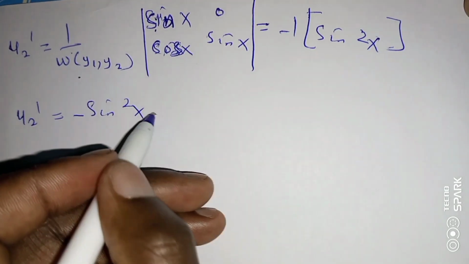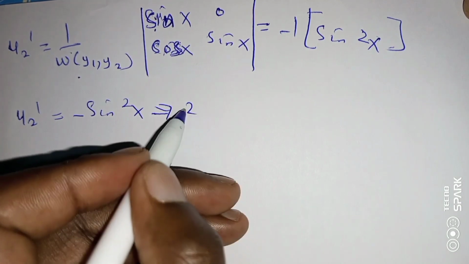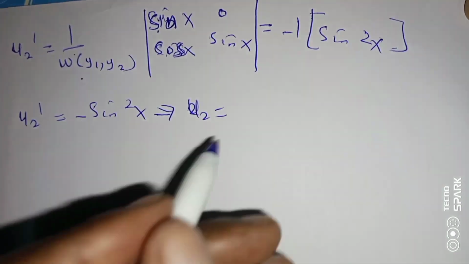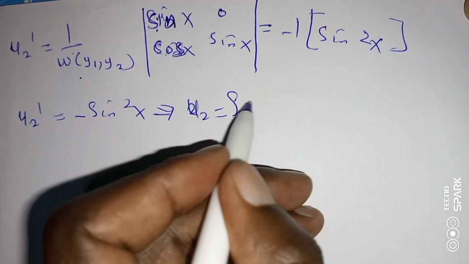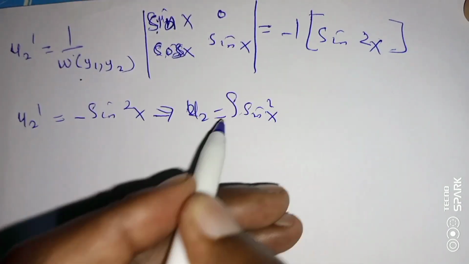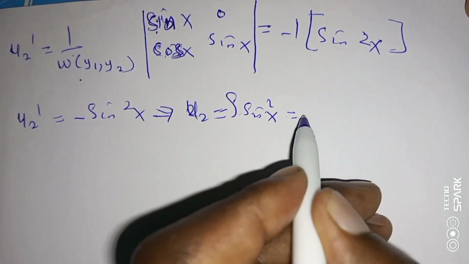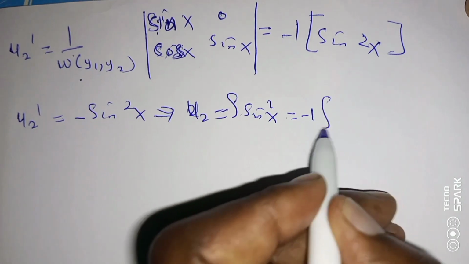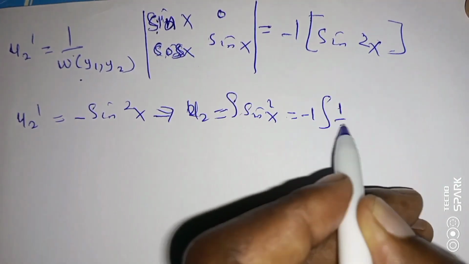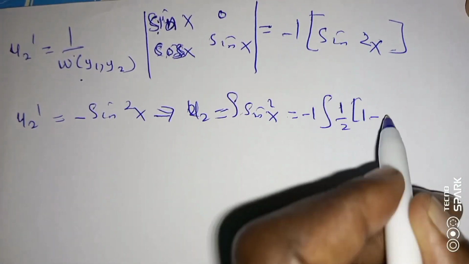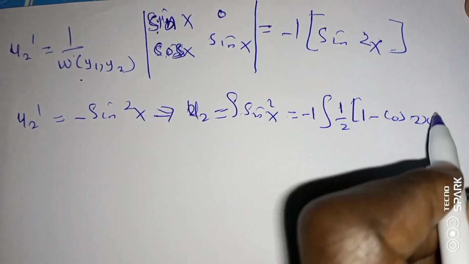To get u2, we are going to integrate negative sine squared of x, which can be written as -1 times the integral of half into bracket 1 minus cos of 2x.